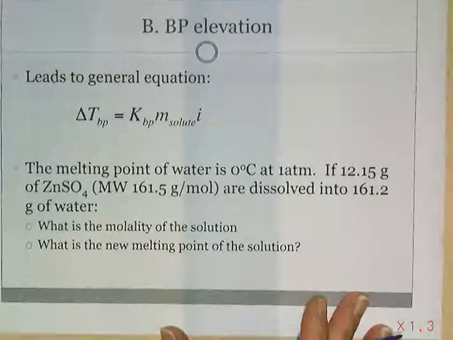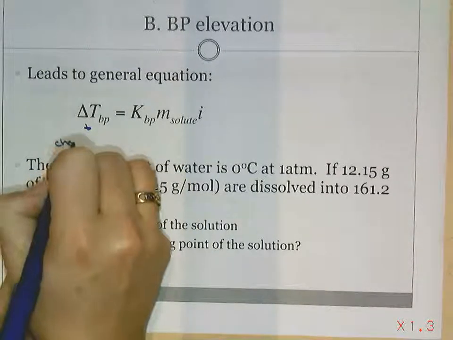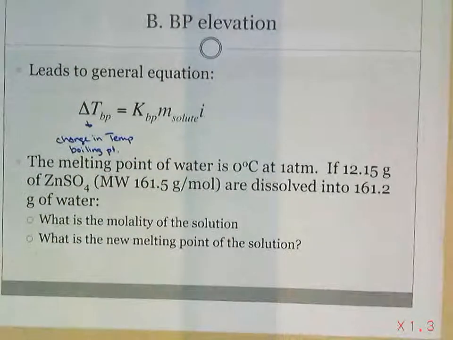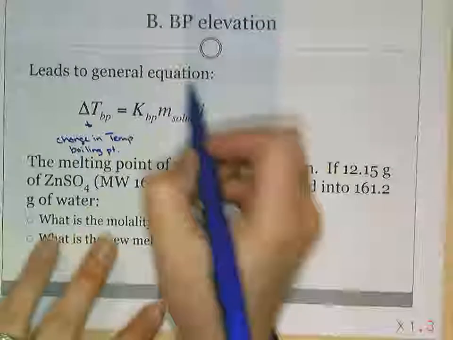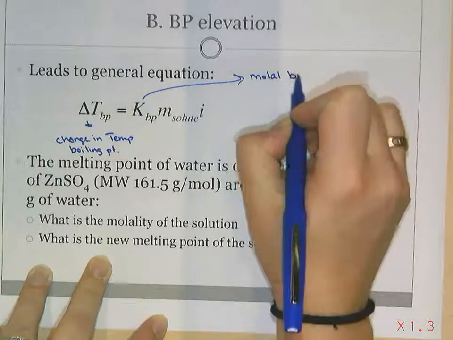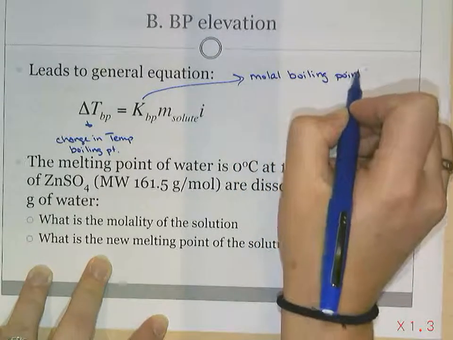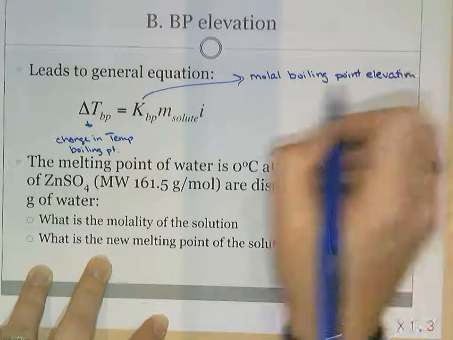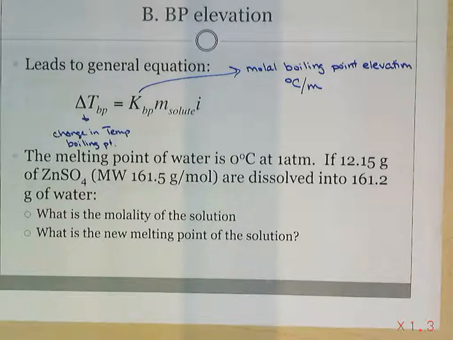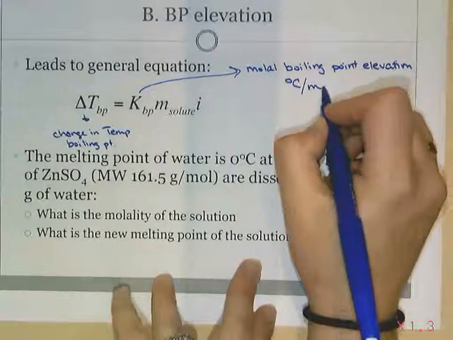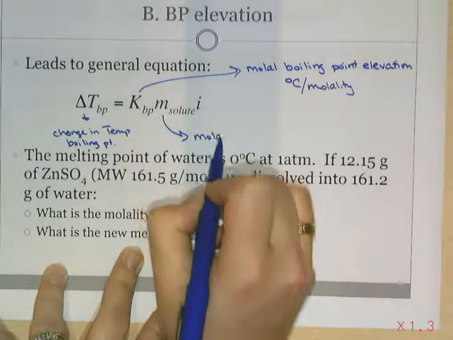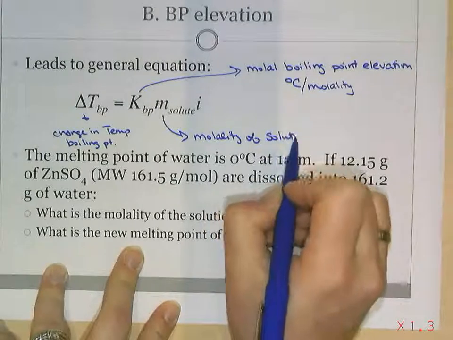So the change in temperature of the boiling point is equal to this K, which is the molal boiling point elevation, which has units of degrees Celsius per molal, sorry, for molality, times the molality of the solution.